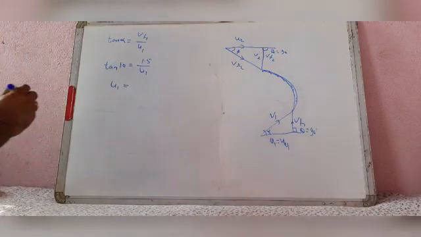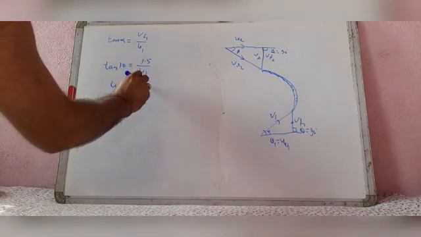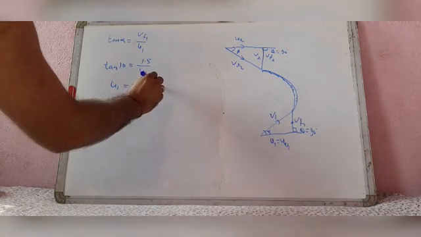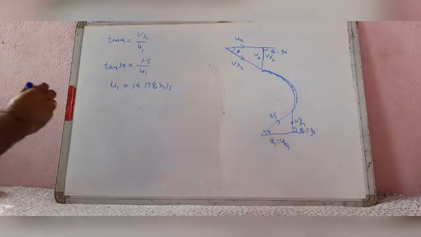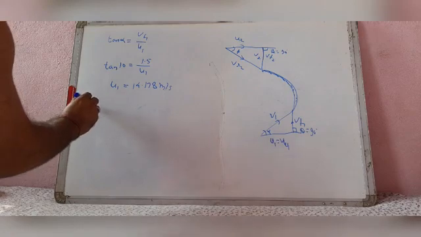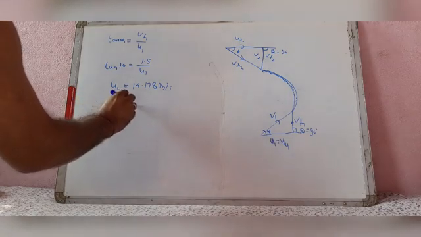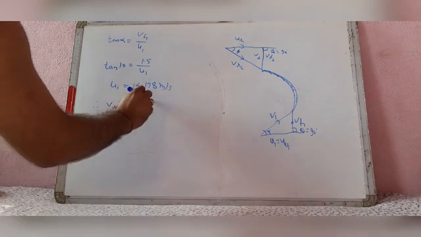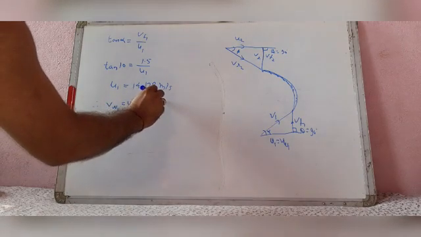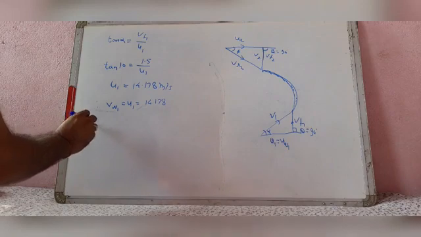So the value of U1 comes 14.178 meter per second, and VW1, as we know, VW1 equal to U1, same 14.178. Now we have to calculate the speed of turbine.